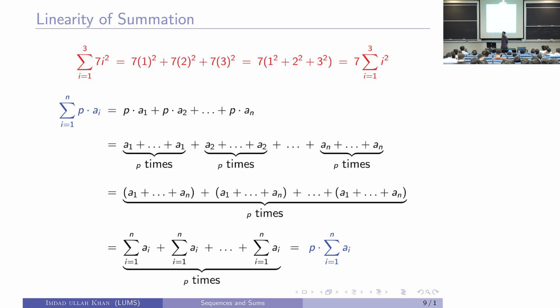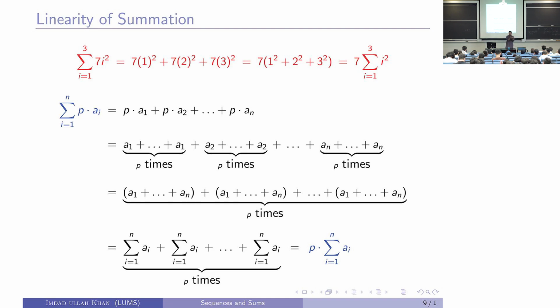Generally speaking, the sum of p times ai when i goes from 1 to n is going to be p times a1 plus p times a2 plus p times a3, all the way up to p times an. You take the n terms of the sequence ai and multiply each with p. Now what is p times a1?